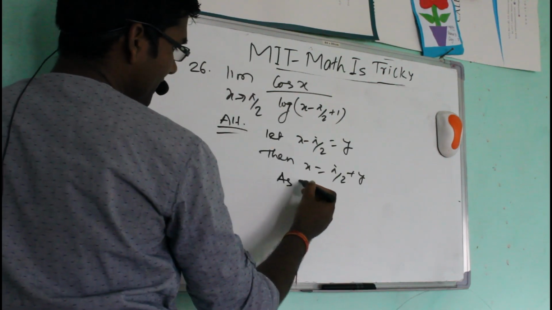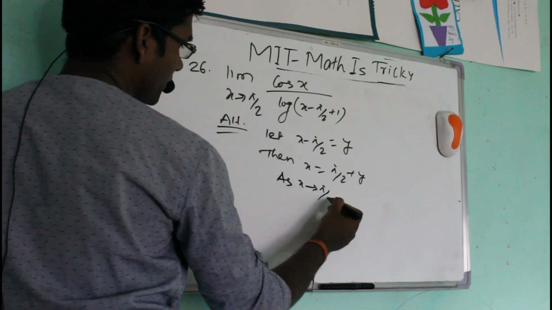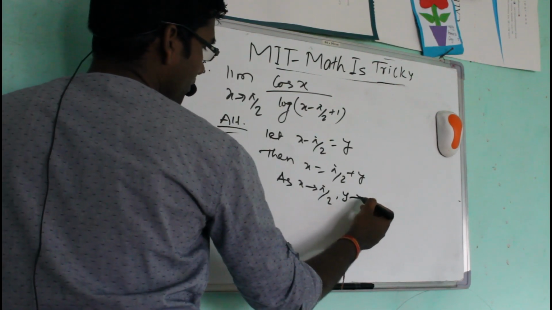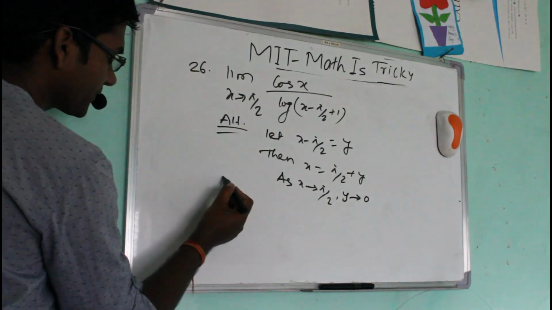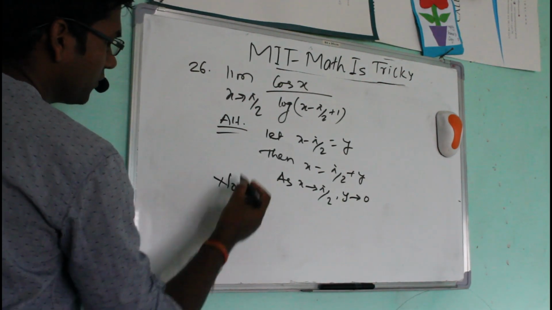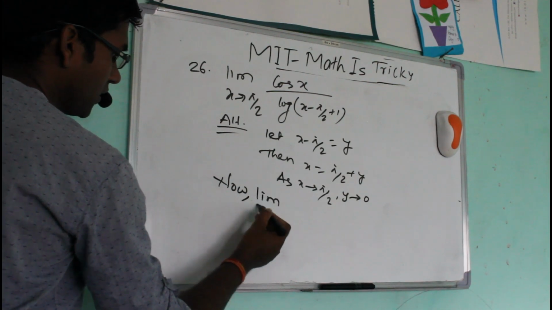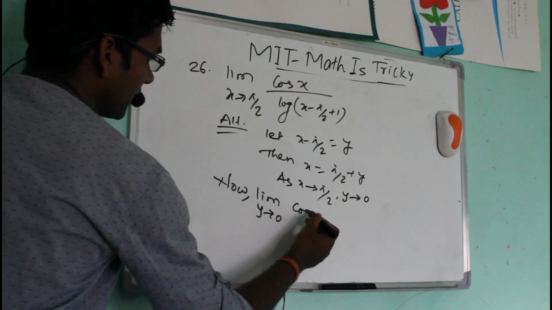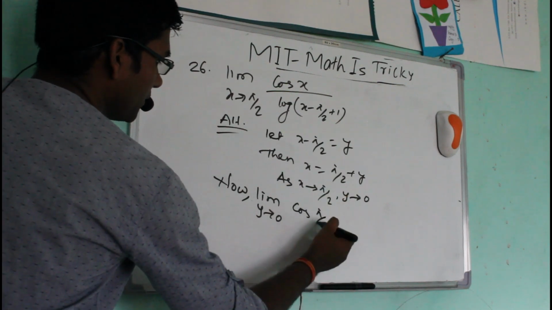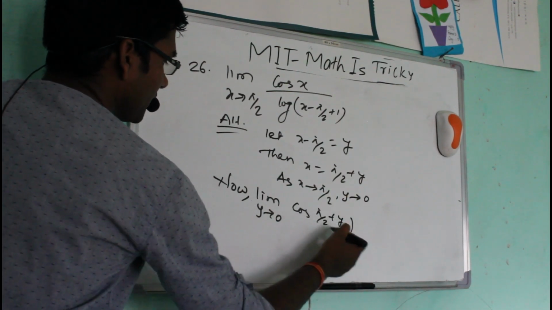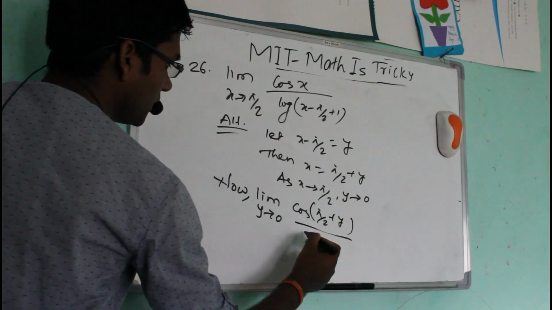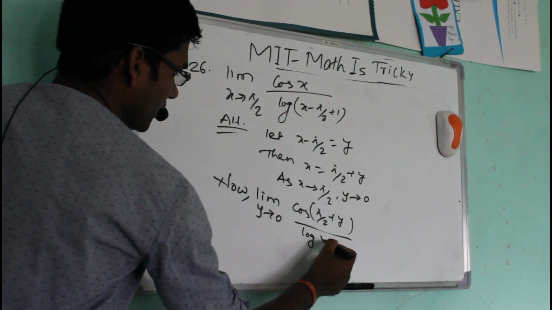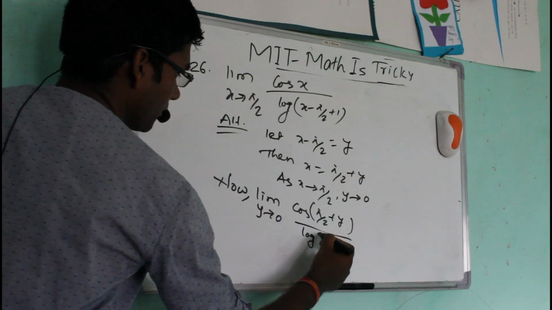As x tends to pi by 2, if you put x equals pi by 2, then y will tend to 0. Now the problem becomes limit y tends to 0, cos of pi by 2 plus y, and the denominator is now log of y plus 1.